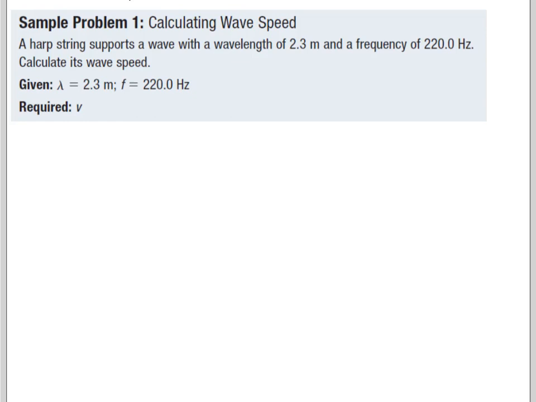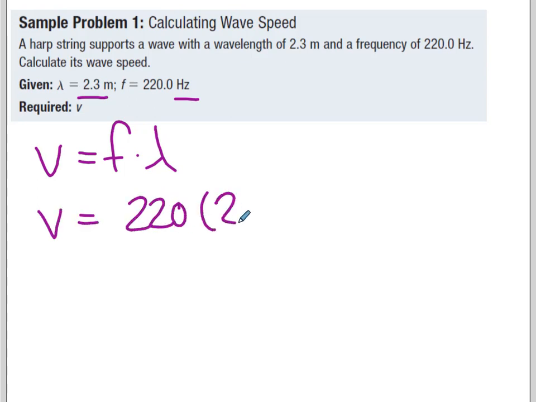Let's start with a harp string that supports a wave with a wavelength of 2.3 meters and a frequency of 220 hertz. We're just going to start off with some real basic stuff, making sure we can put everything in the correct location and that everything has the right units. Frequency is in hertz, lambda is in meters, those both check out. So v equals 220 times 2.3.